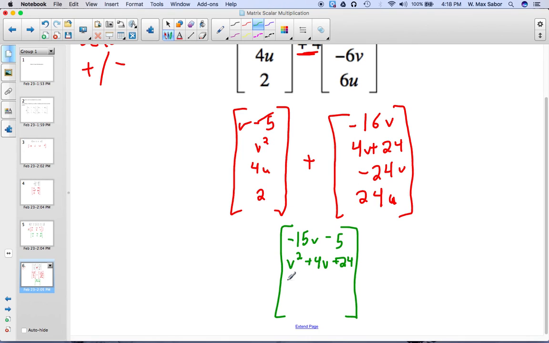Here these are not like terms, 4u minus 24v. And here we have 24u plus 2. That's supposed to be a 2. So that is how we multiply matrices by scalars.